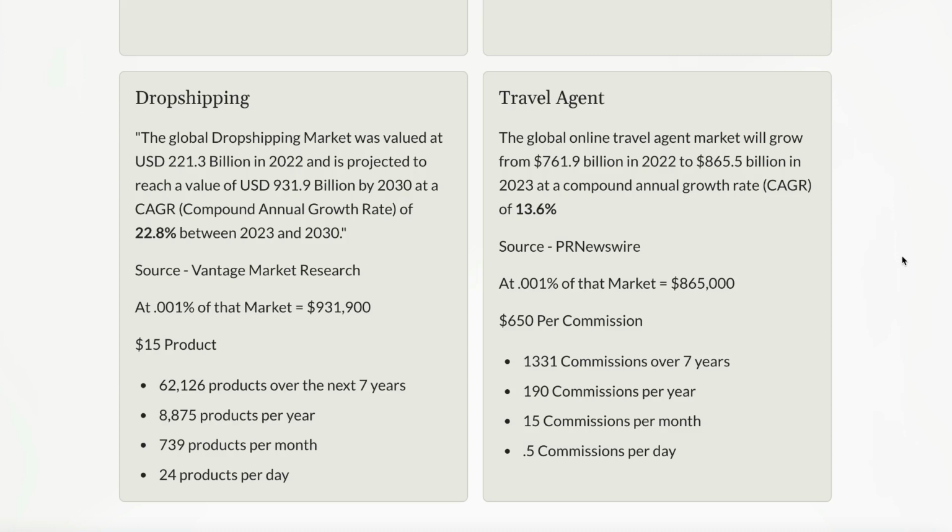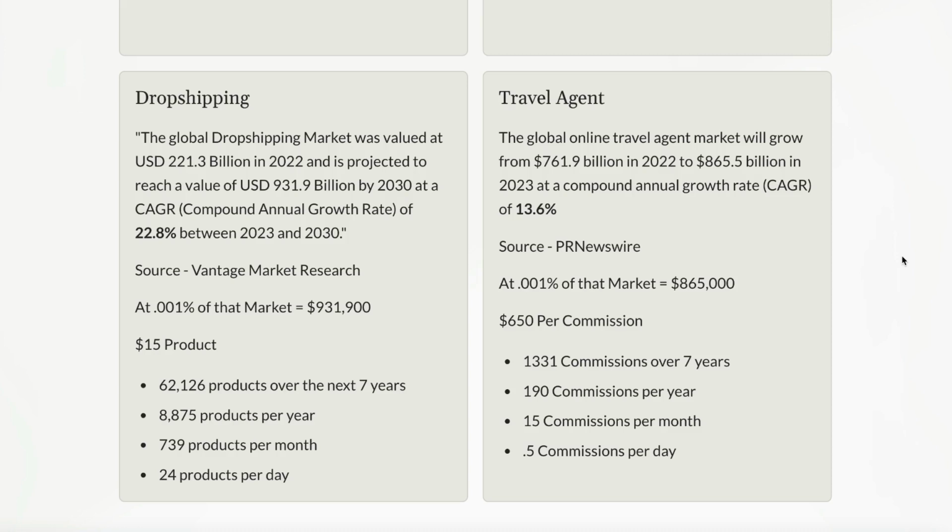Again, I'm not super familiar with travel agencies and how their pay structure works, but let's just use this. Again, it's all for example purposes, but that's 1,331 commissions over 7 years, 190 commissions per year, 15 commissions per month, and 0.5 commissions per day.